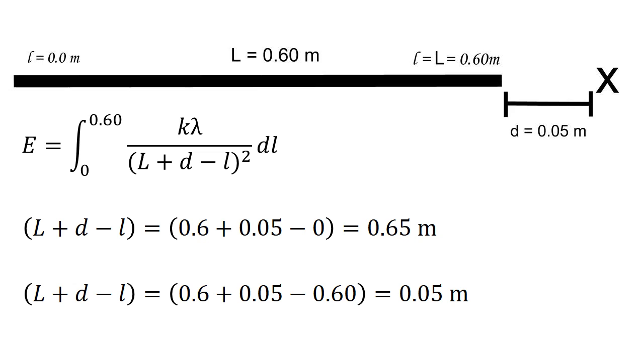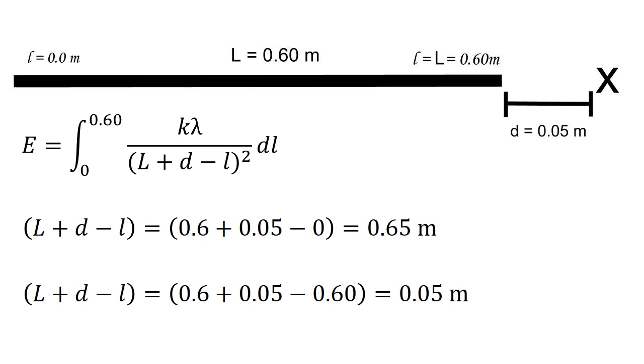So when we plug in 0.6 for L, 0.05 for d, which were just given in the original question, we can plug in the lower limit of integration, 0, for little l, and we get 0.65 meters, which if you look at the picture, when l is 0, it is 0.65 meters away from x.